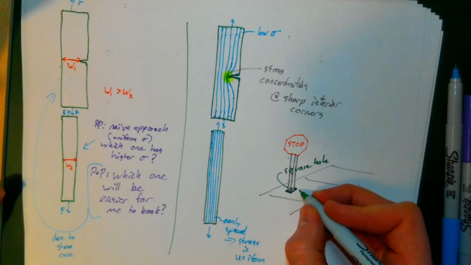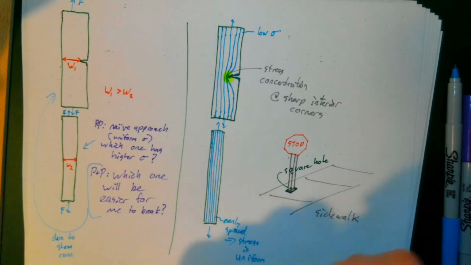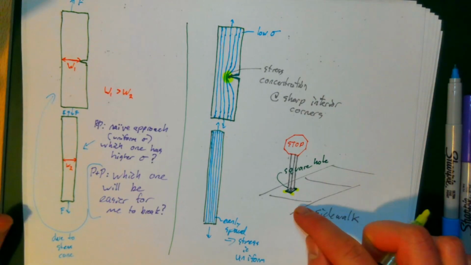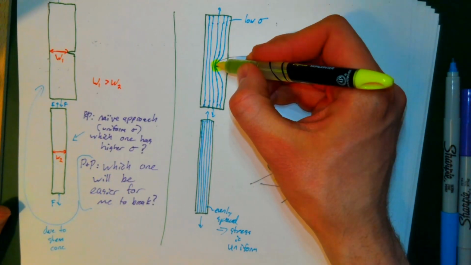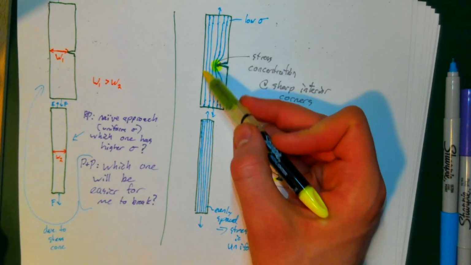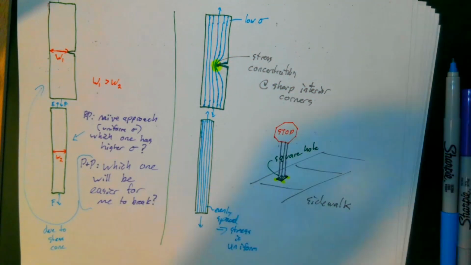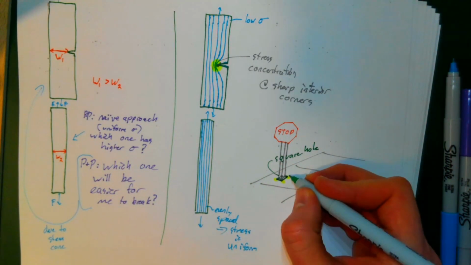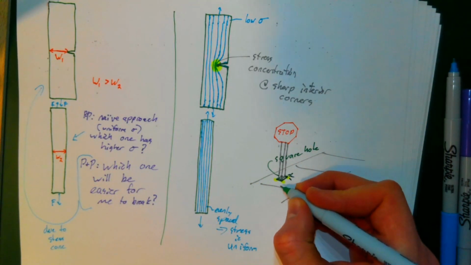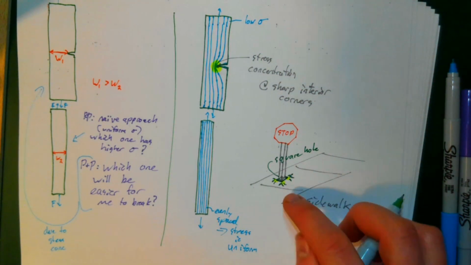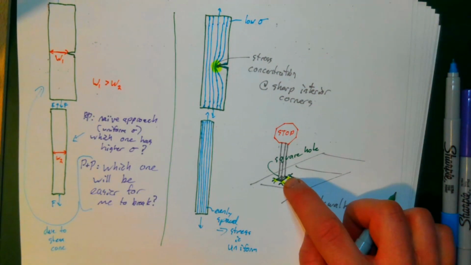And if we think about these corners of the square hole, these corners are basically doing the same thing as what this crack or this snip in our plastic sheet did. And if you look at the corners of the square hole, oftentimes what you'll end up seeing is these cracks that start radiating from the sharp interior corners.